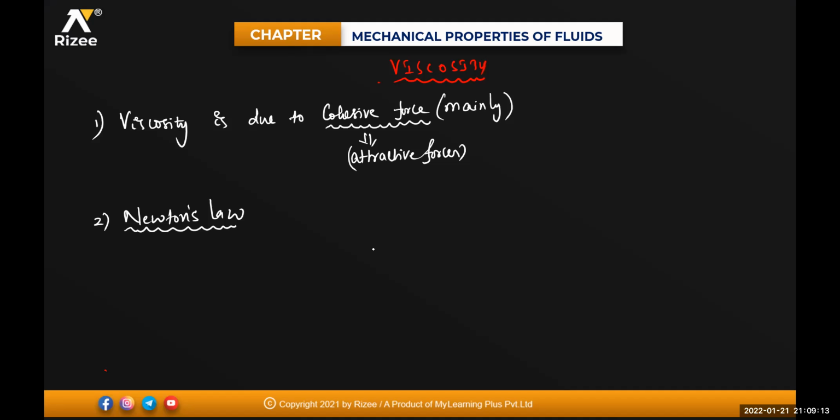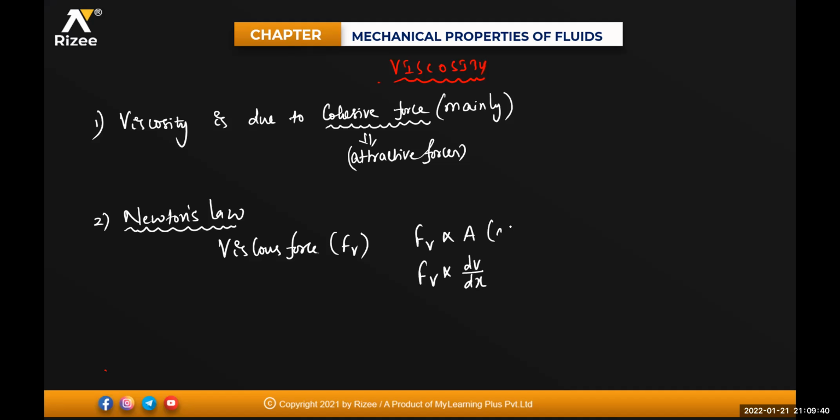Exactly like friction in mechanics, the friction between the molecules of a liquid is called viscous force. So viscous force Fv is directly proportional to the area of contact, and directly proportional to the velocity gradient, that is dv by dx.